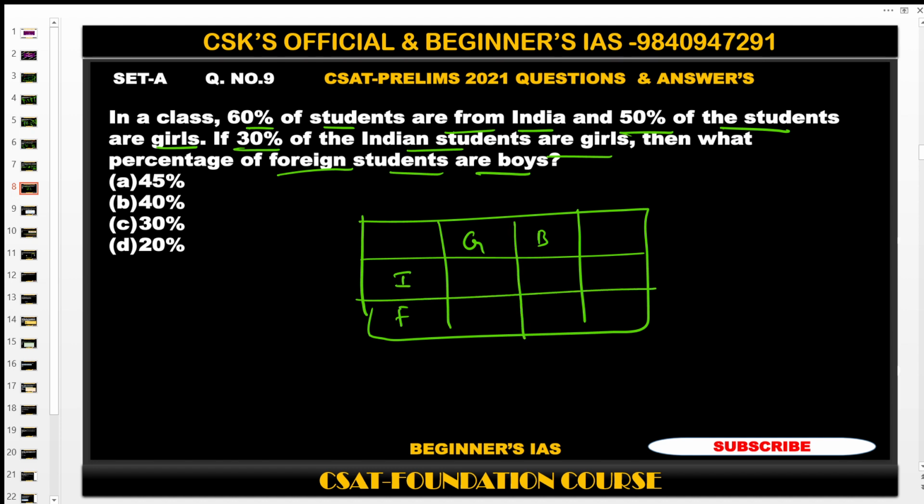So make a table like this. 60% are from India, then obviously 40 is going to be foreign. So the total is 100 here in all cases. Here 50% of the students are girls.